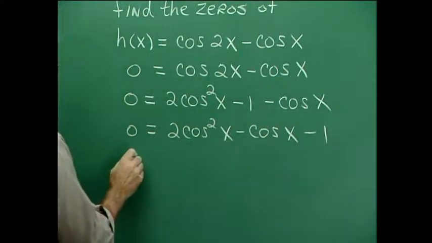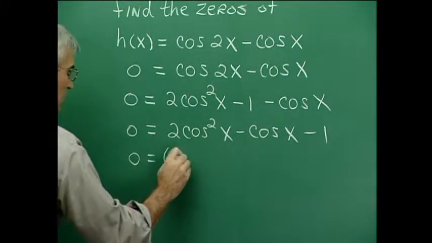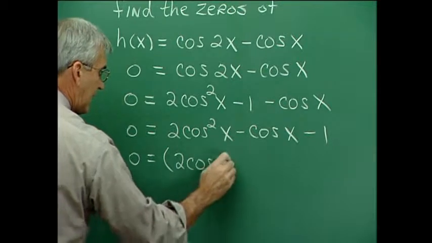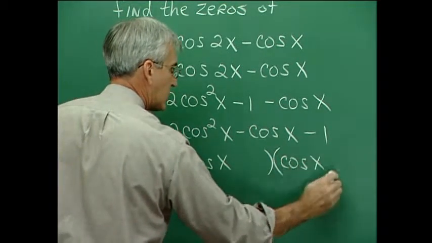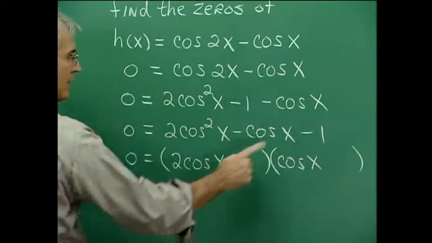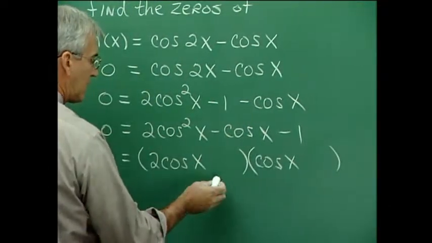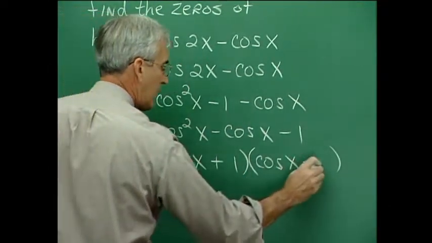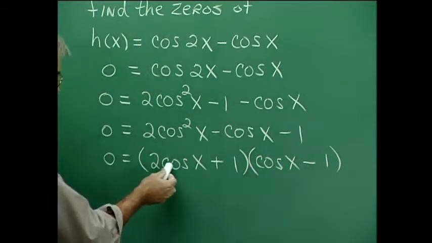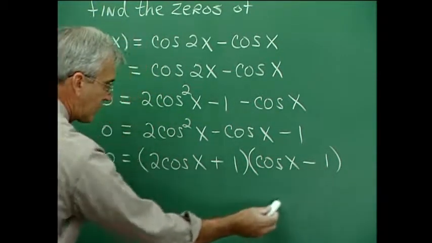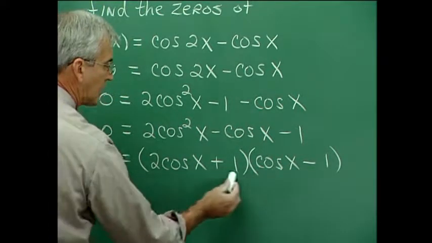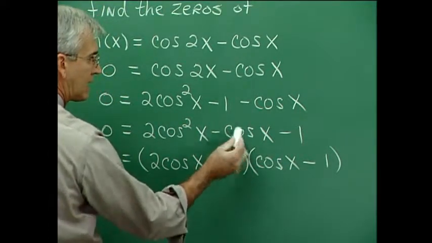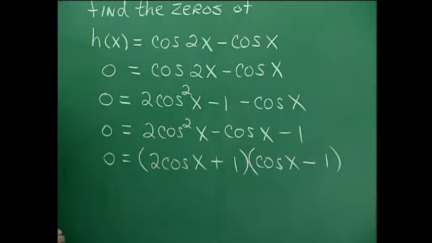And now we want to factor: 2 cosine x, and then times cosine x to give that first term. And then the signs are different, and I think the way it goes is plus 1, minus 1. Let's verify the middle term. We have 2 cosine x times minus 1 is minus 2 cosine x, plus cosine x is minus 1 cosine x. That's the middle term, so this is the correct factored form.